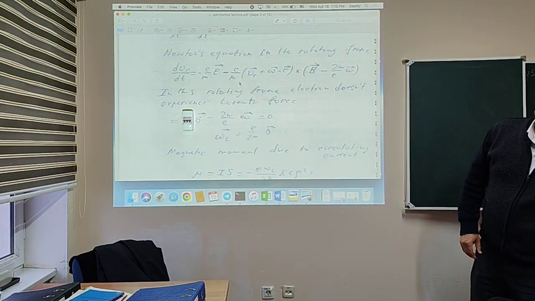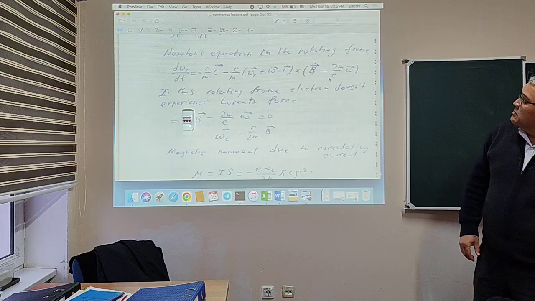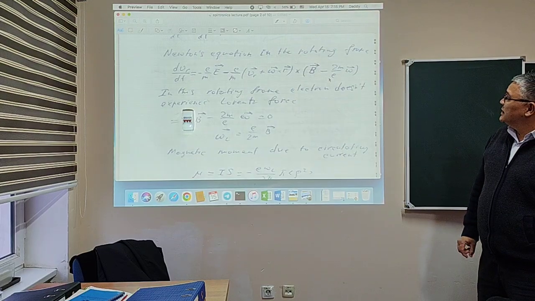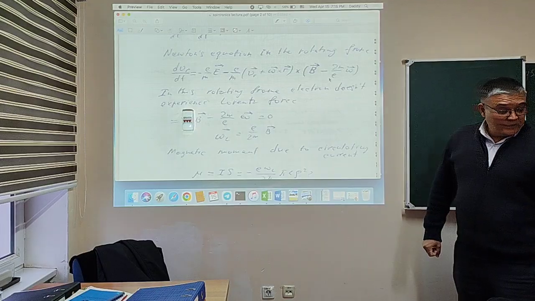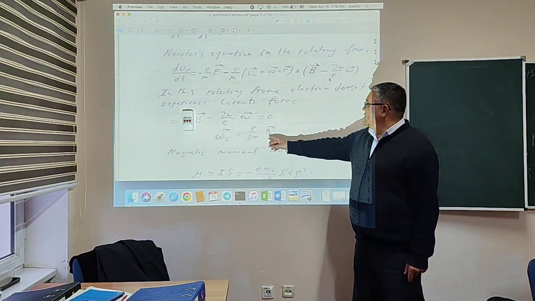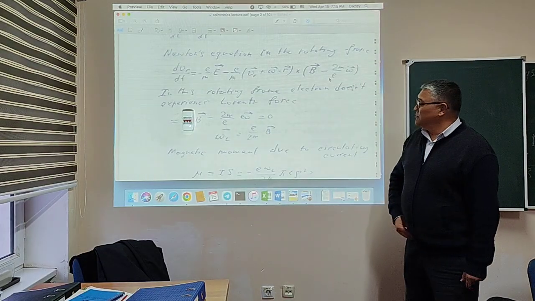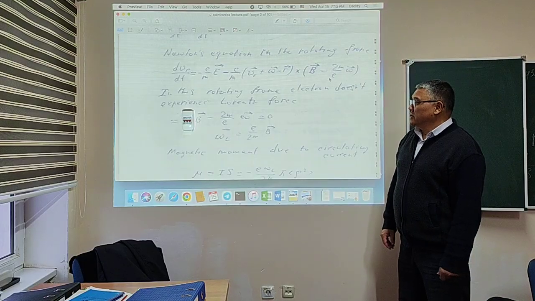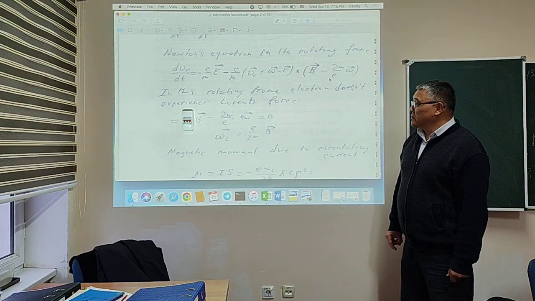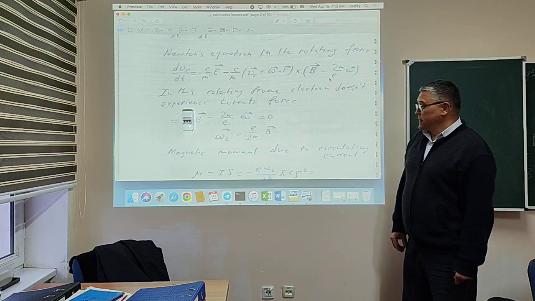From this we conclude that B minus 2m divided by e multiplied by omega should equal 0, and we find that omega equals e divided by 2m multiplied by B. This gives us the normal frequency, also called the cyclotron frequency.